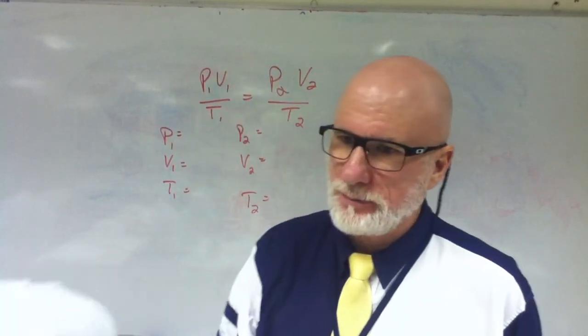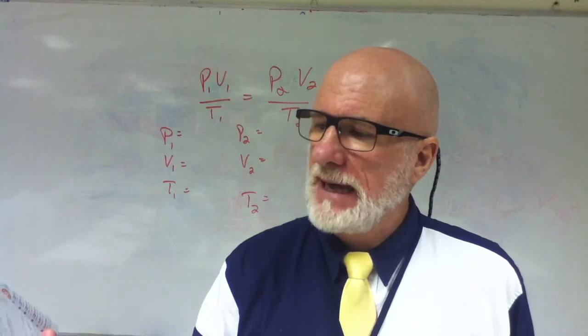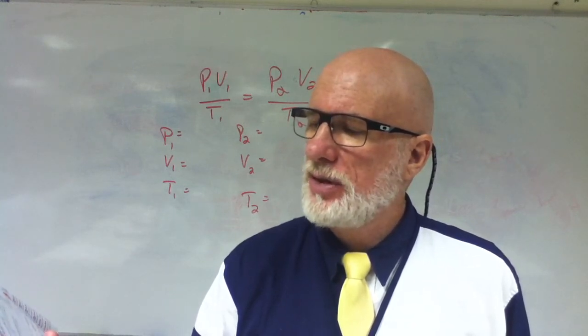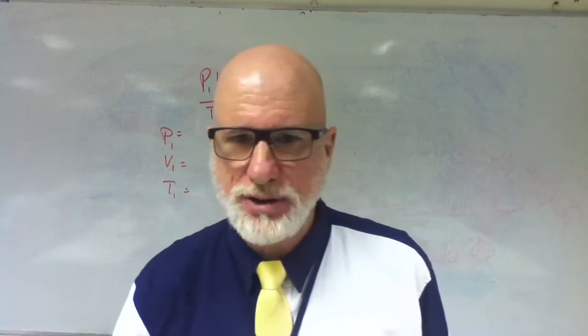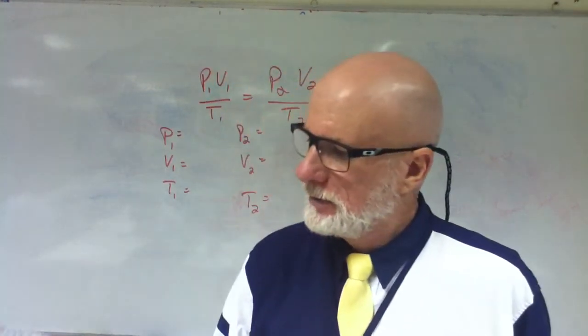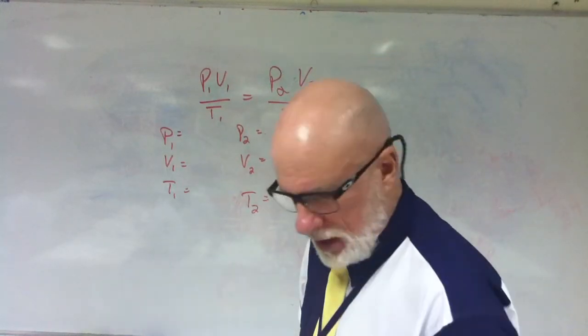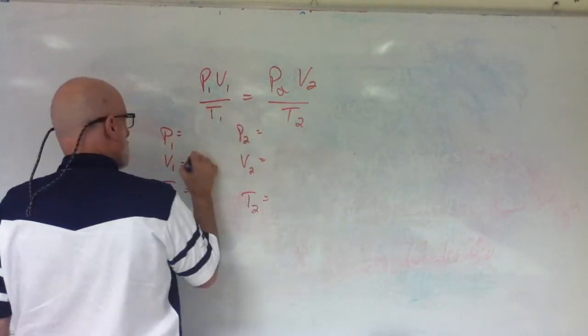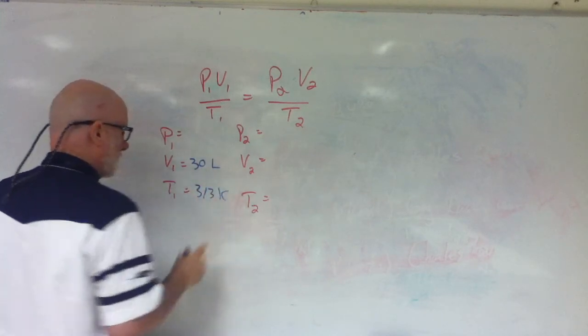You ready? The volume of a gas-filled balloon is 30 liters at 313 K. So it's going to be 30 liters at 313 Kelvin.